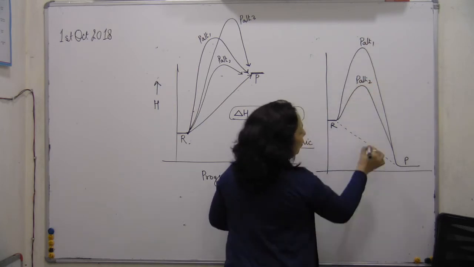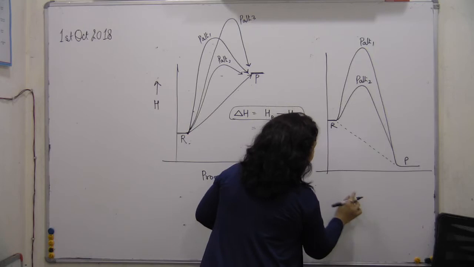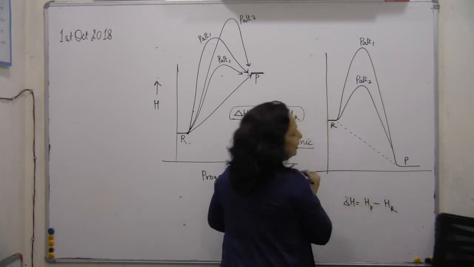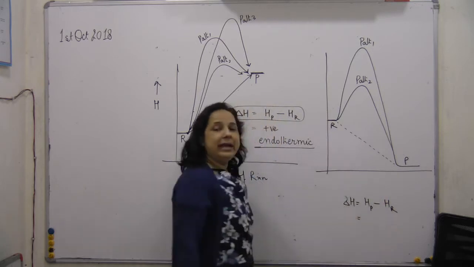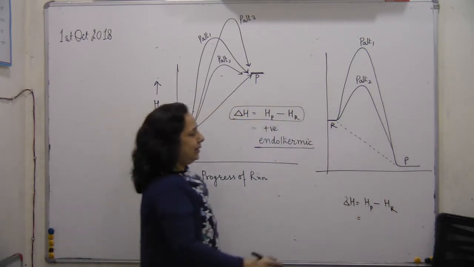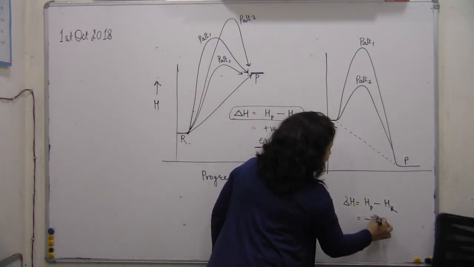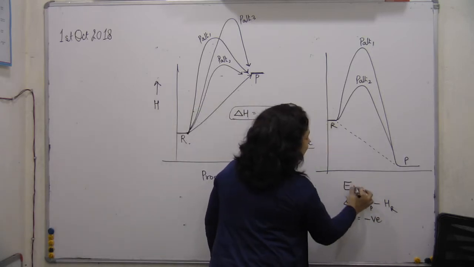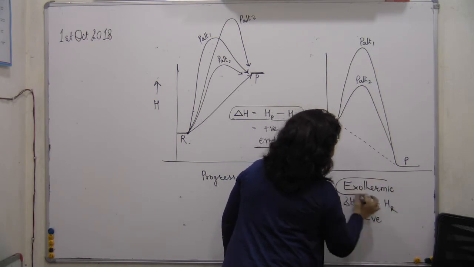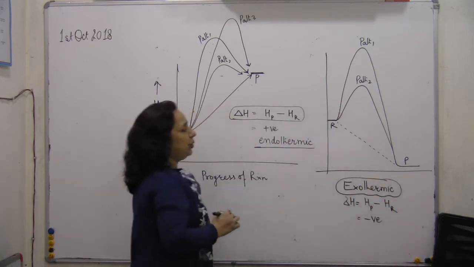Can you tell me what is the delta H for the process? HP minus HR. This value will be negative or positive? Negative. When it is negative, process is called exothermic. Very good. Now it is exothermic process.